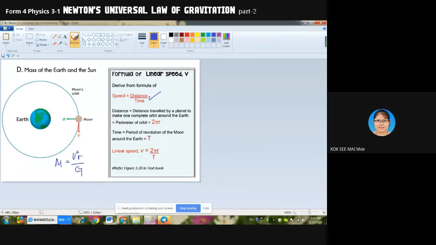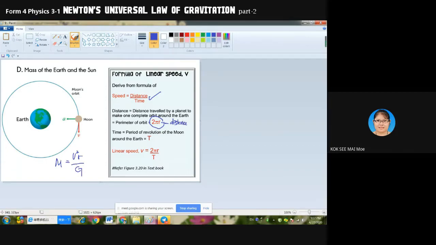Yes or no? So we count the perimeter of the orbit. That means there is 2 pi r. We assume the whole orbit is a circle, so we take this as 2 pi r as the distance.